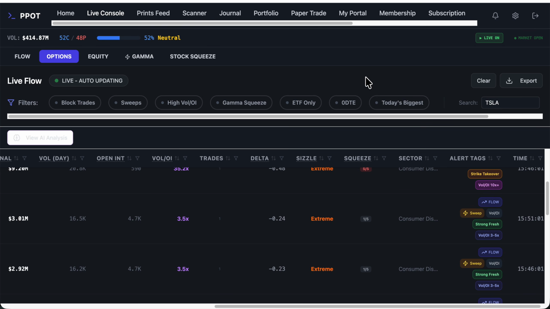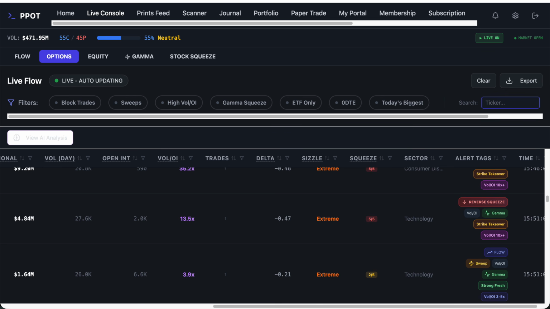This is one of the best institutional order flow software tools online right now that you cannot get anywhere else. This is way better than Webull, Thinkorswim, Charles Schwab, Interactive Brokers, Robinhood, any of those platforms. They just don't show you what you need to be shown.